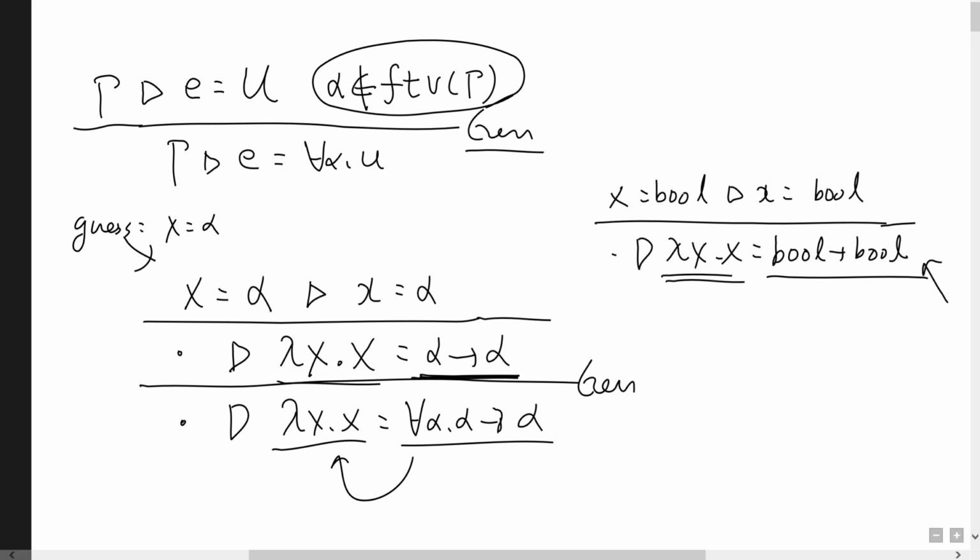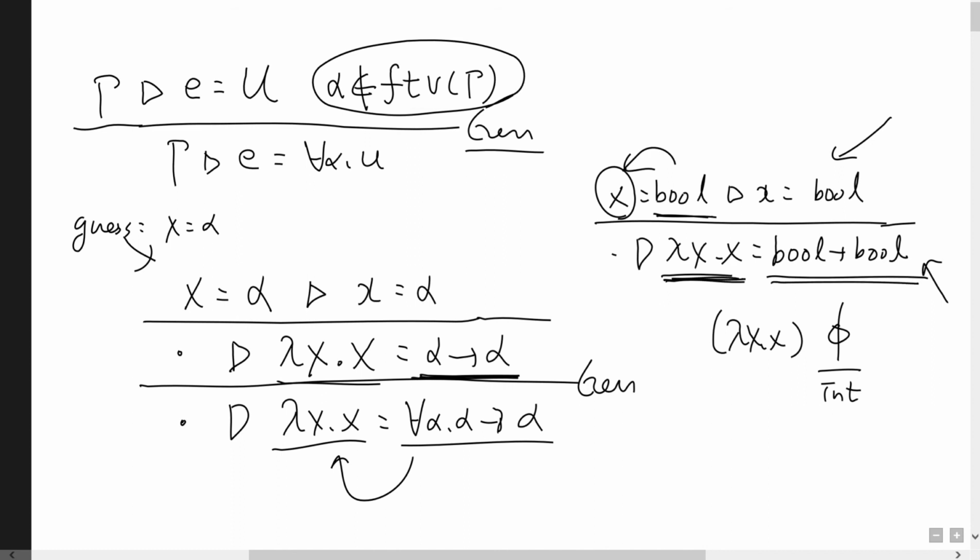But in the case that we have a surrounding outer context, for instance, later we discover that this lambda abstraction is applied to integer 0. So for example, this argument has type int. In that case, our guess is wrong here. Our guess was that we can assign type bool to this variable x, and this lambda abstraction has type bool arrow bool.